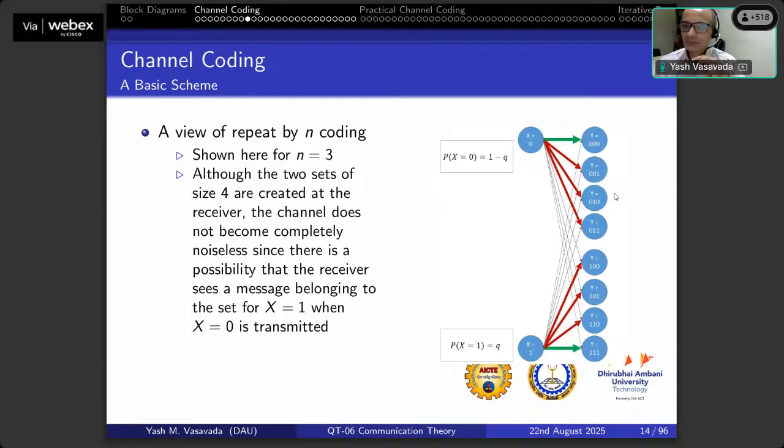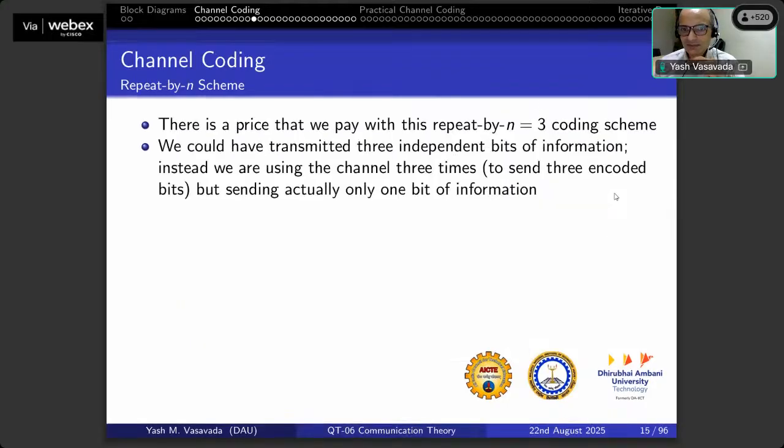Okay. So now the question becomes, okay, so this is all well and good, but what is the price that we pay? The price is that we actually are transmitting 18 bits, but the real information we are sending is only 6 bits.